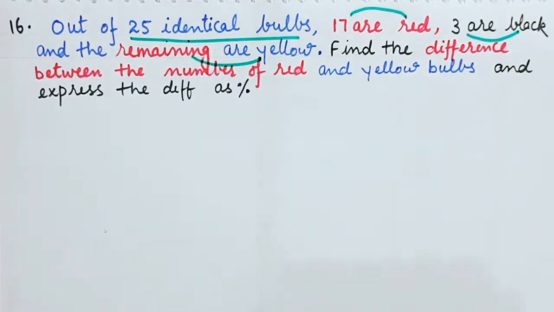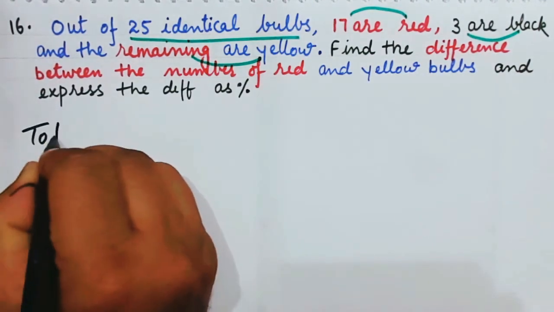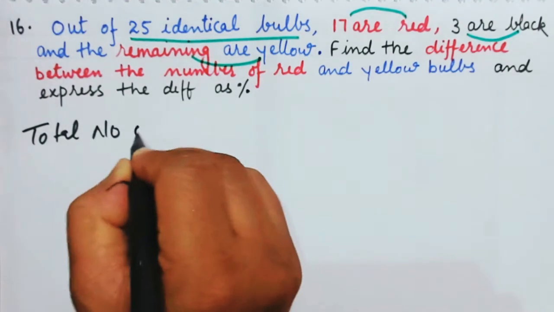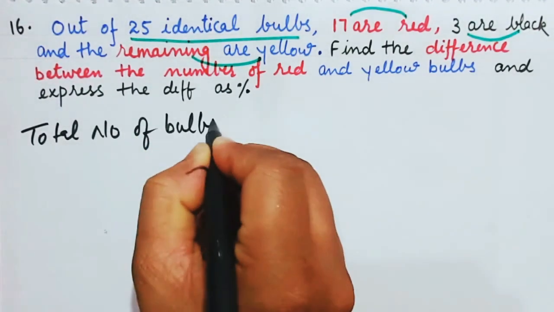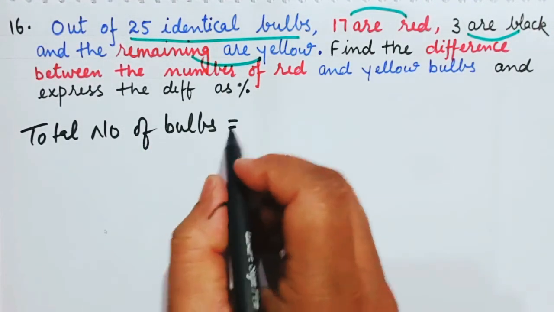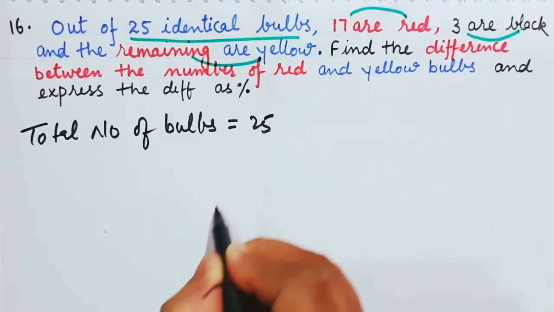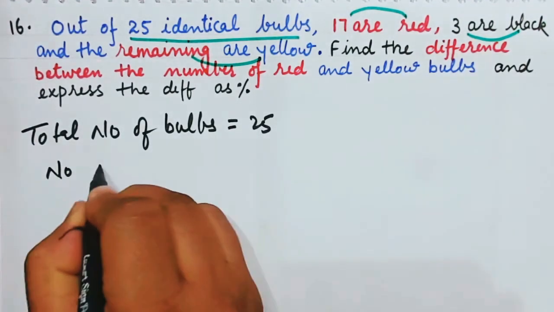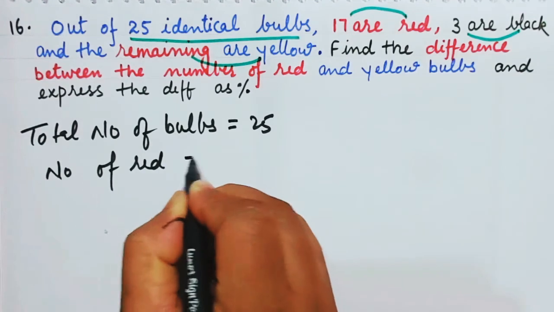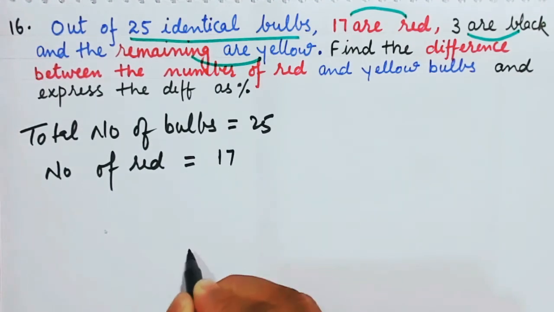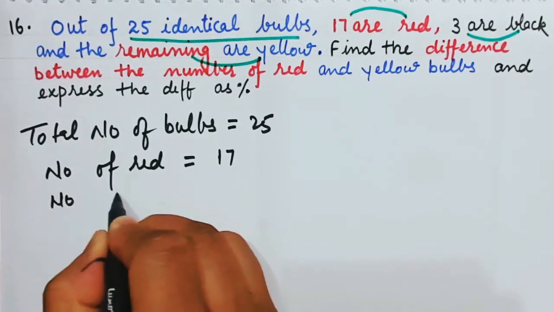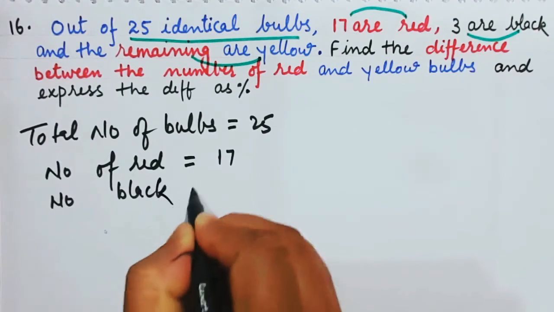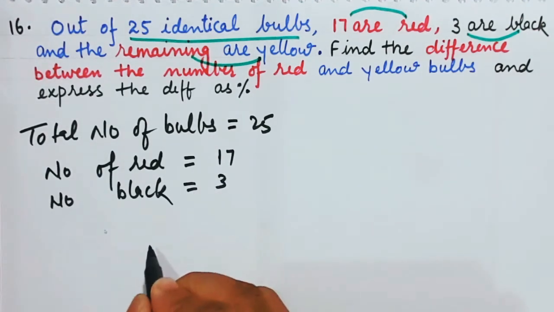So let us write total number of bulbs. Let's start. Total number of bulbs is equal to 25. Number of red bulbs is equal to 17. Number of black is equal to 3.